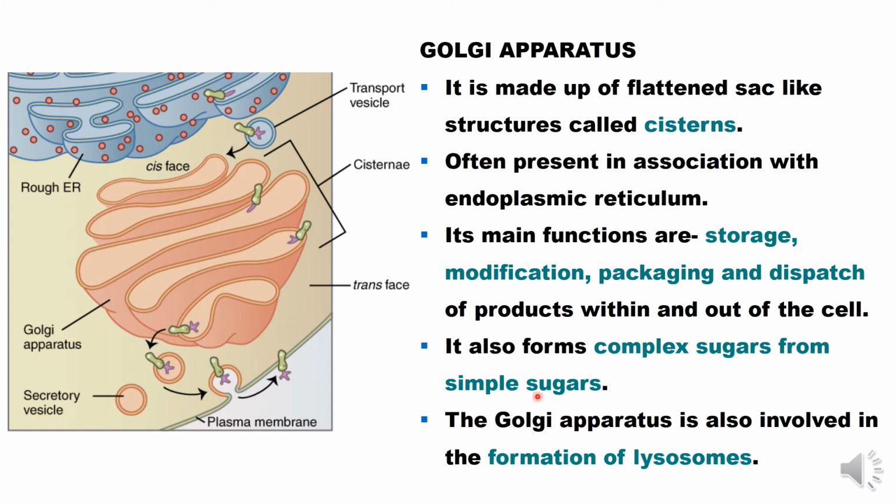Finally, we should also learn that this Golgi apparatus is involved in the formation of lysosomes. How? Because the enzymes which are present in a lysosome are synthesized in the rough endoplasmic reticulum. Enzymes are mostly proteins. So once those enzymes are synthesized here, they are transported with the help of a small transport vesicle.